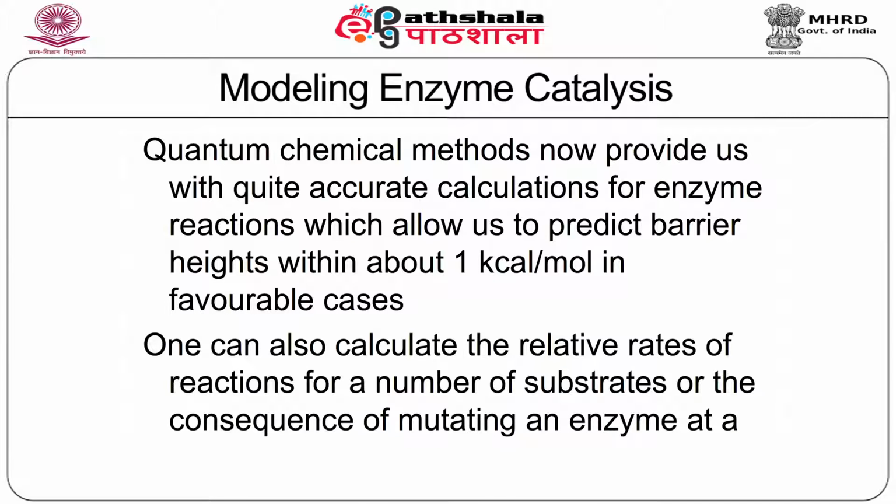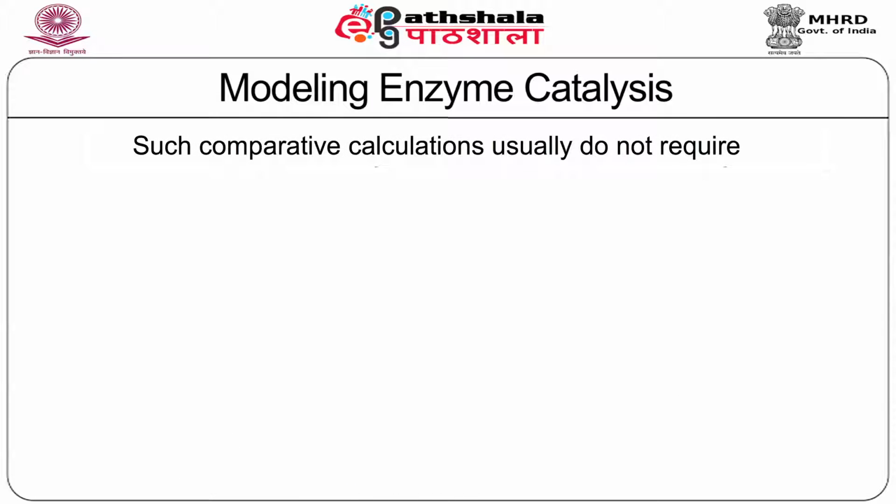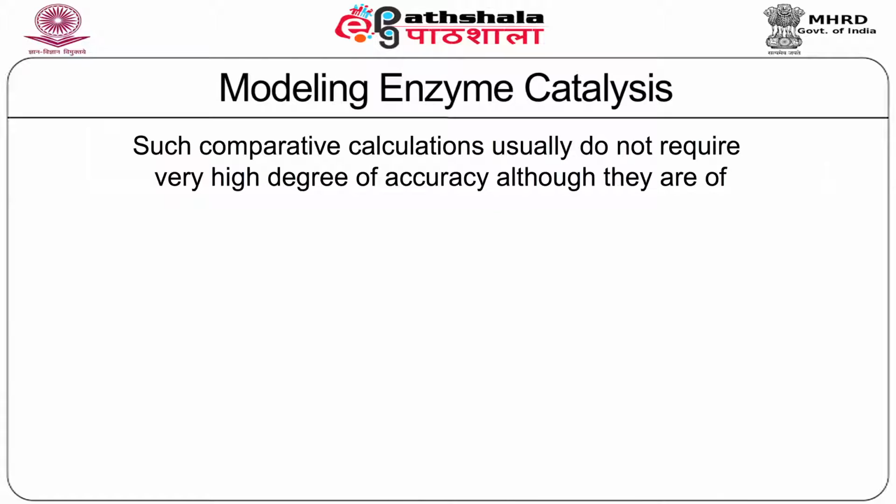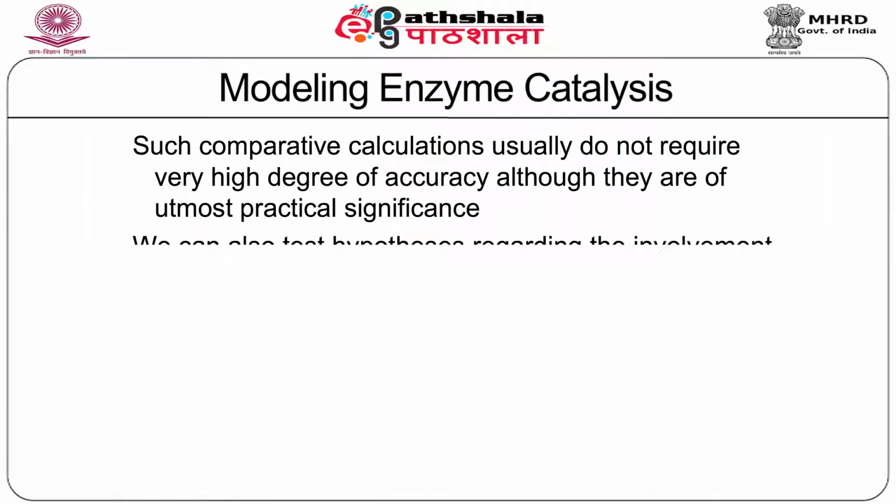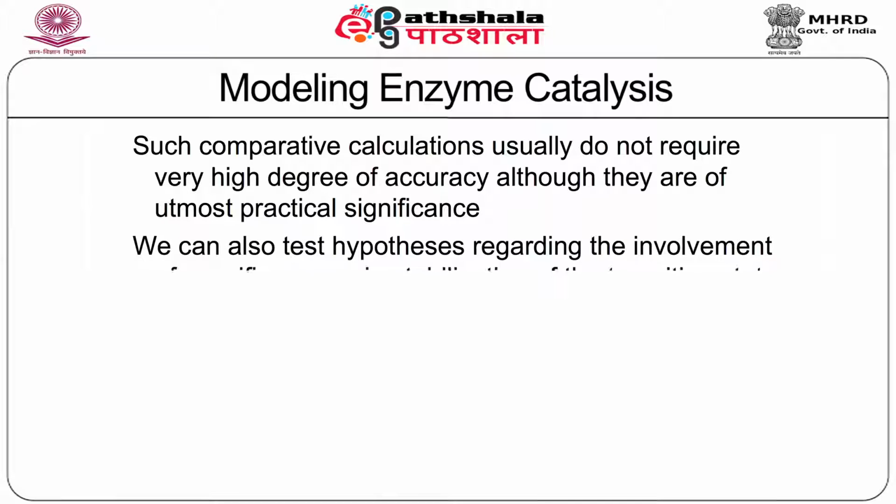One can also calculate the relative rates of reactions for a number of substrates, or the consequences of mutating an enzyme at a particular position. Such comparative calculations usually do not require a very high degree of accuracy, although they are of utmost practical significance.